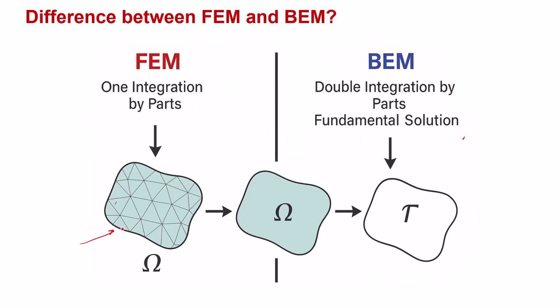As a result, only the boundary, represented by this outer curve, needs to be discretized. By discretizing the boundary, I mean something like this. So we discretize the boundary into a number of boundary elements. So FEM works within the domain while BEM works only along the boundary. That is the core conceptual difference between the two methods.